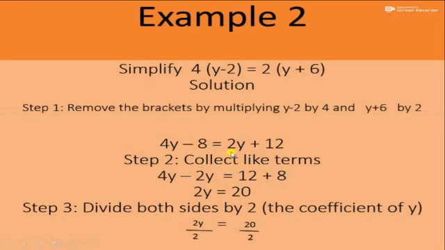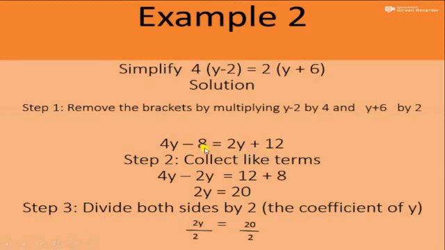Now 2y from the right hand side is plus, so when it's crossing the sign of equality to the left hand side, it changes to what? To minus. So we now have 4y minus 2y. What is left in the right hand side is plus 12.